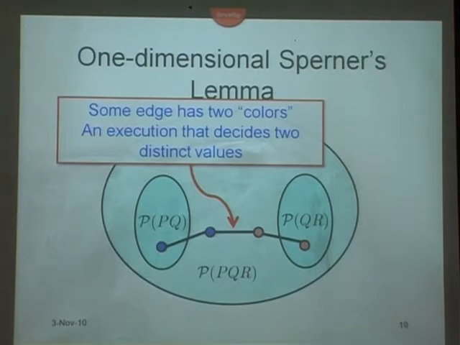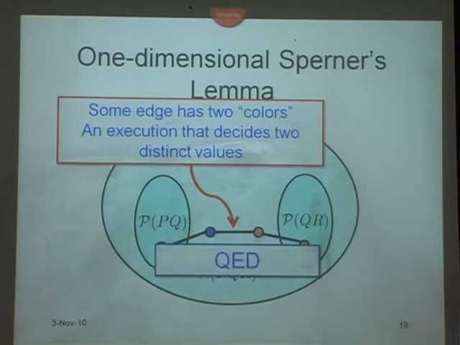But each n simplex here represents the final state of the protocol, and the color represents the winner. So this edge here represents an execution where there were two different winners. But consensus says you can only have one winner. So that's a contradiction.